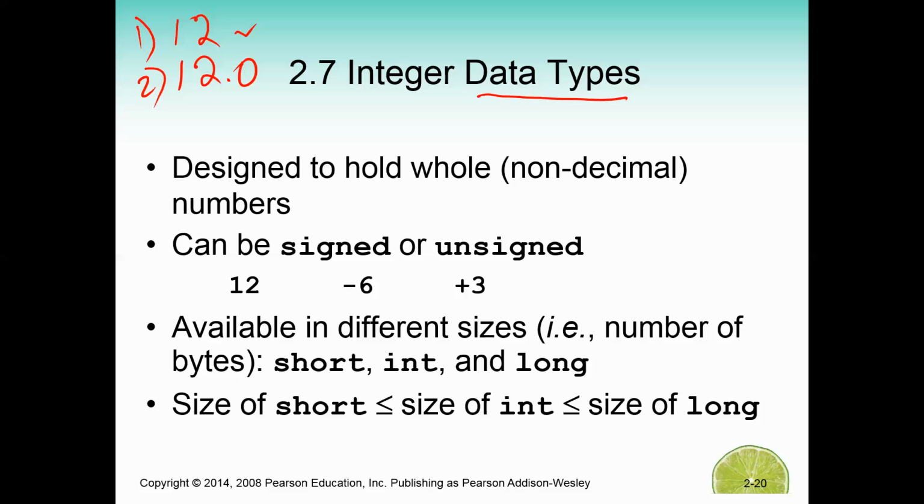Remember, an integer refers to a whole number. It can be signed or unsigned. So we can put 12 with a plus sign or 12 without a plus sign. This is the same.